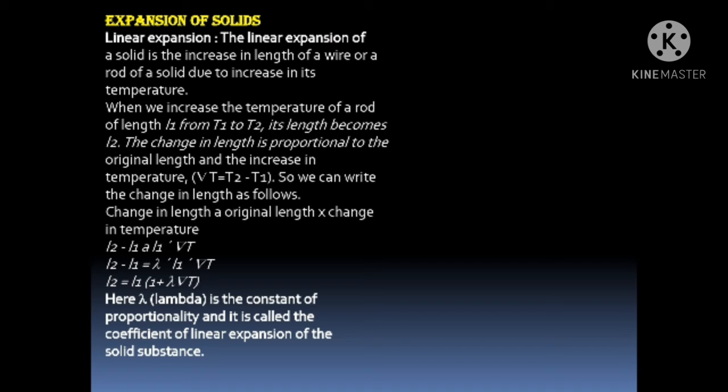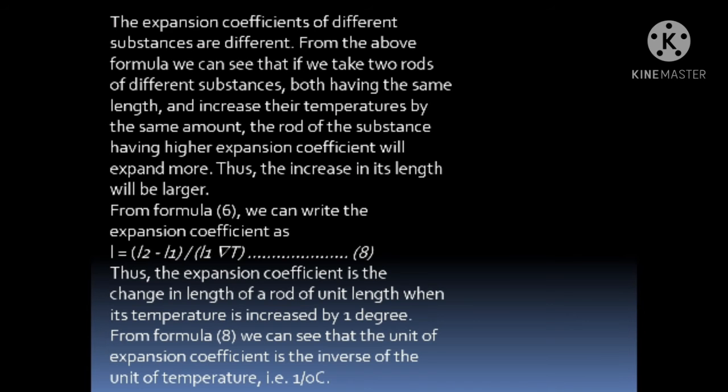Now solving equation 1, L2 is equal to L1 multiplied by 1 plus lambda delta T. This becomes equation 2. This is one of the formulas. And if we have to find the value of lambda, we will take lambda on the LHS and other terms on the RHS.